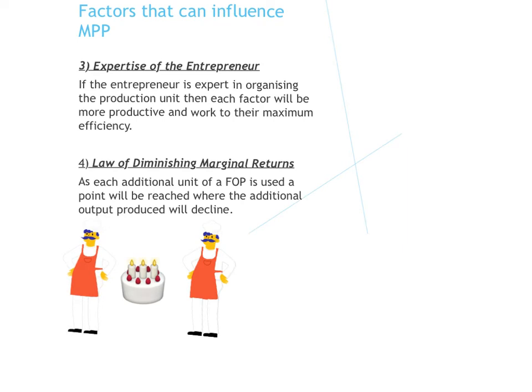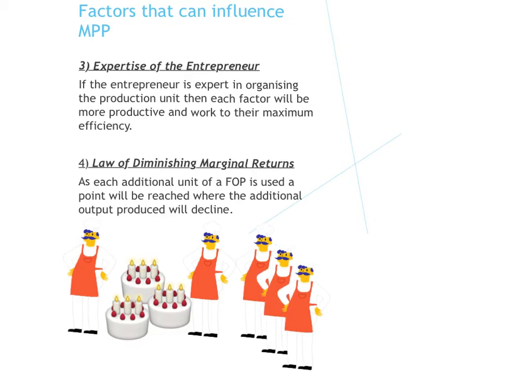So that might do it a lot quicker. We might find that if we've to make 2 or 3 cakes, now we find it's good to have an extra baker. But what if we have another baker? And then let's say we add another baker. What's going to happen is all of these bakers are going to get in each other's way. So that's what they mean by the law of diminishing marginal returns.